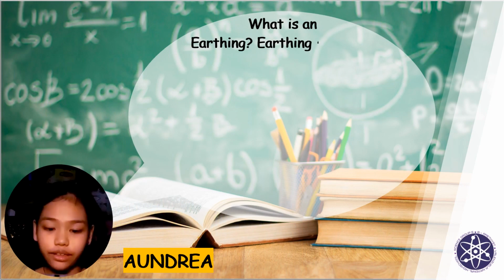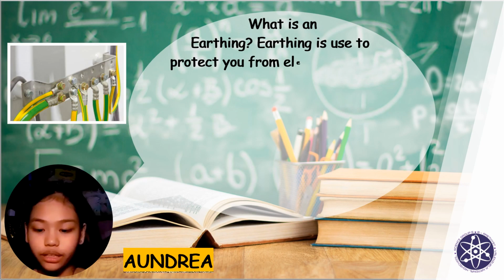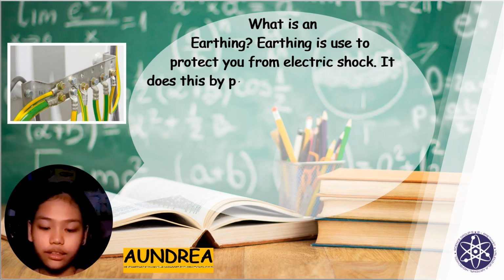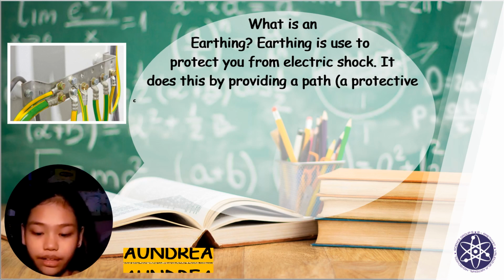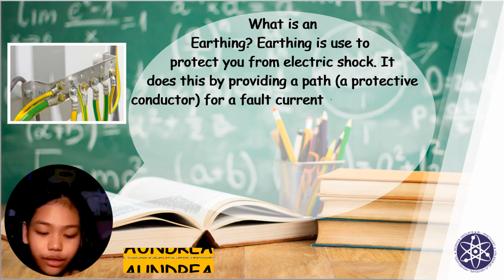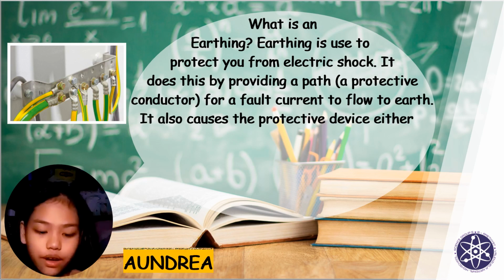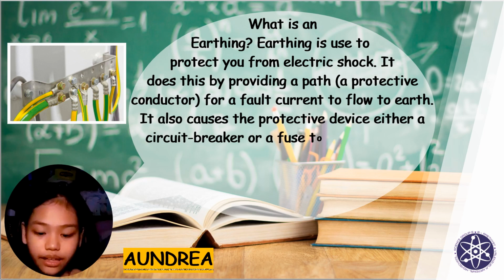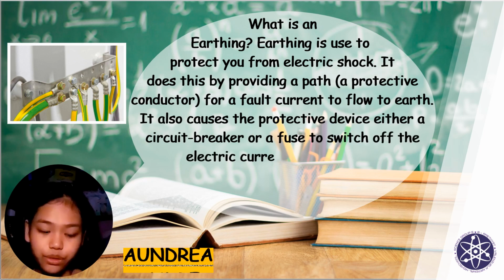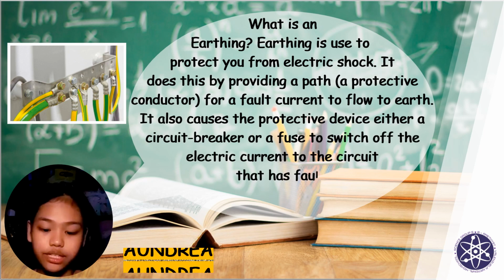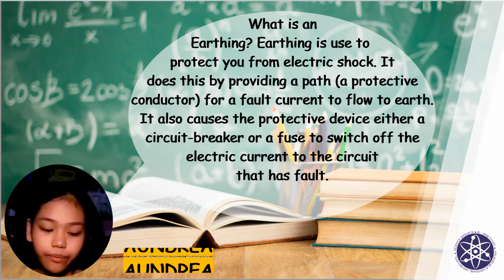What is earthing? Earthing is used to protect you from electric shock. It does this by providing a path, a protective conductor, for a fault current to flow to earth. It also causes the protective device, either a circuit breaker or fuse, to switch off the electric current to the circuit that has a fault.